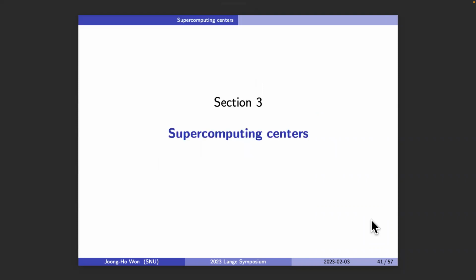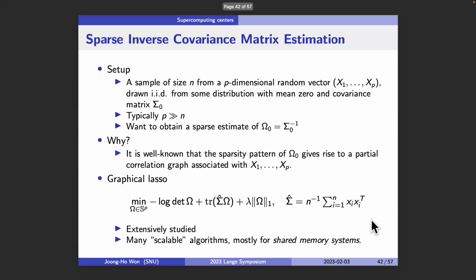Okay, the final section is about my recent experiences with supercomputing centers. The motivation for exploring supercomputing, the real supercomputers, is this problem: sparse inverse covariance matrix estimation. So it's another famous problem, but to repeat, the setup is this.